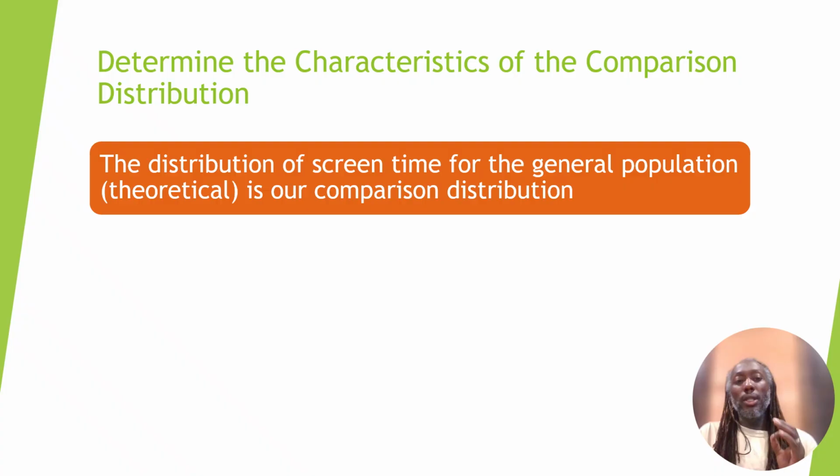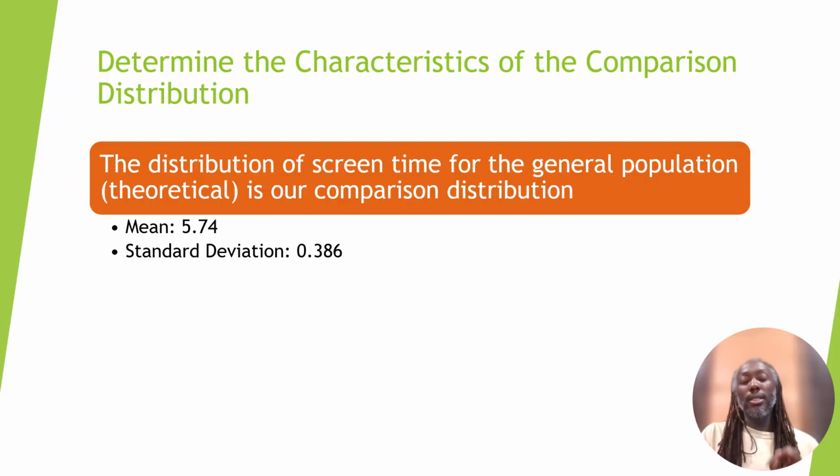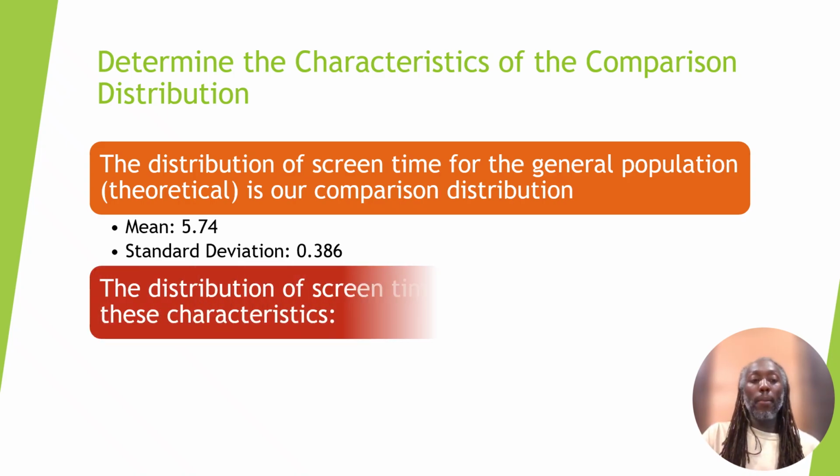So the distribution of screen time for the general population is our comparison distribution. Just for the purposes of this example, I'm going to do a little magic, and magically we will know that the mean is 5.74, in terms of hours on the screen, and the standard deviation is 0.387. Again, that's in hours on the screen per day.